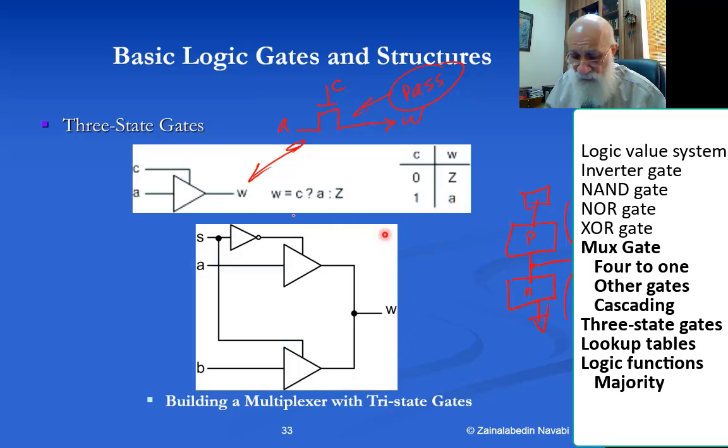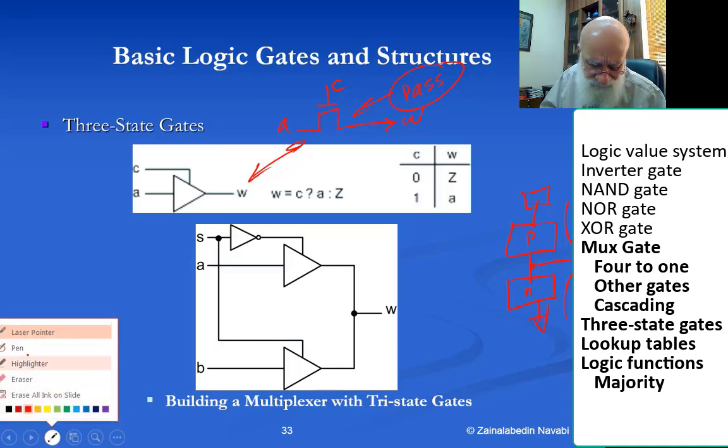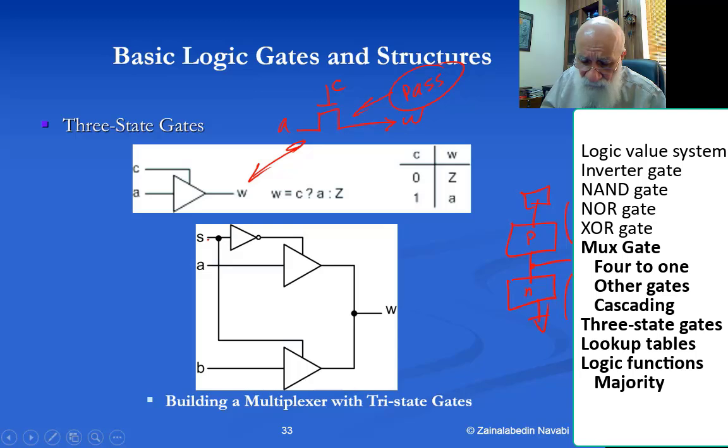Let's look at this structure below and see what happens here. If S is 0, this lower transistor will not be conducting. The upper transistor, because there is a 1 here, will be conducting, and therefore A is going to go through to the output.